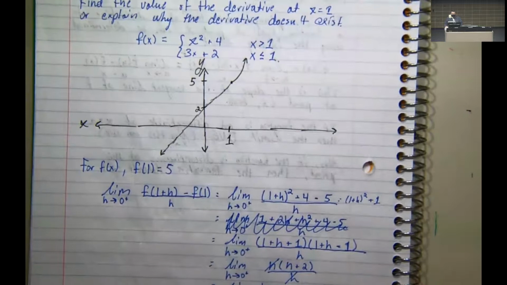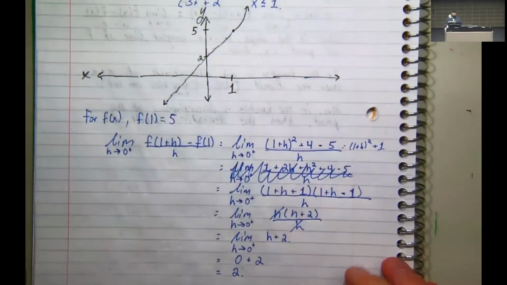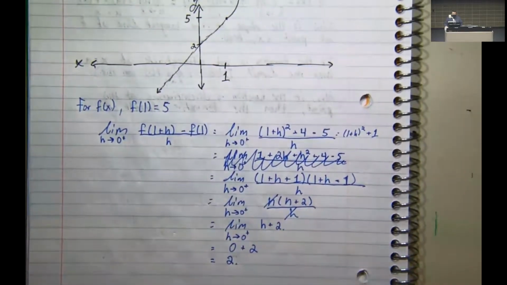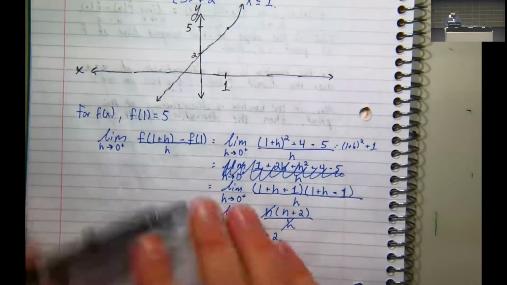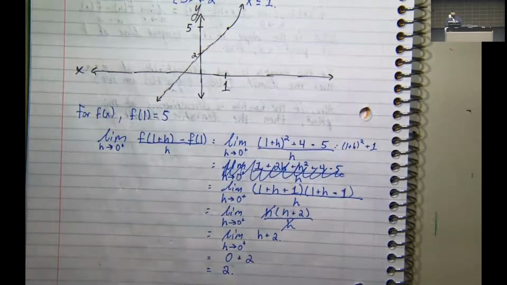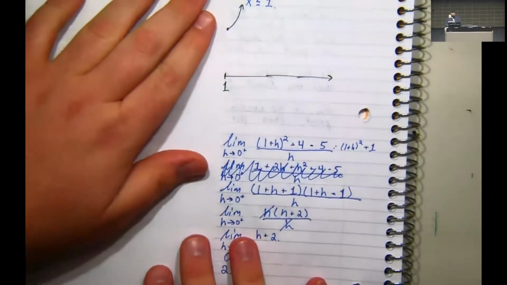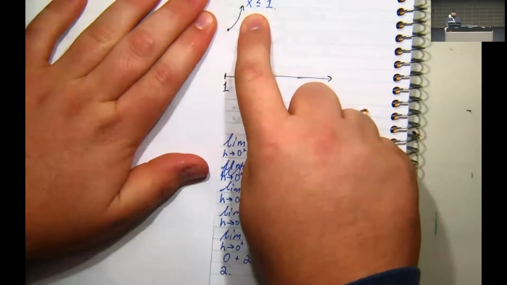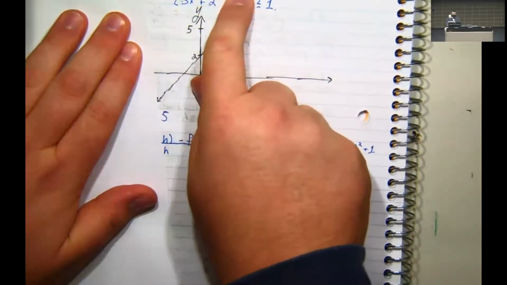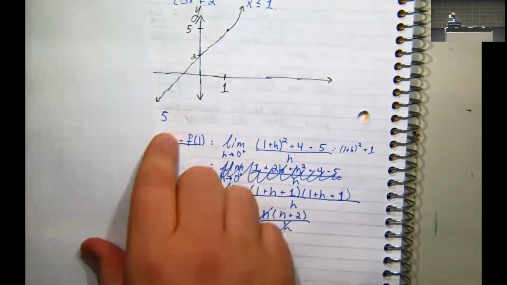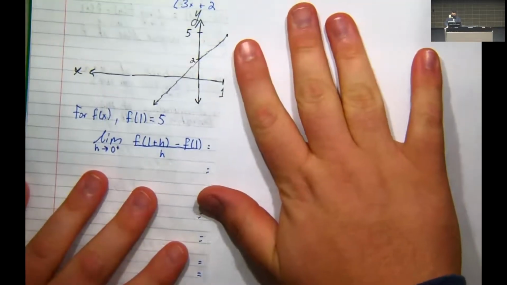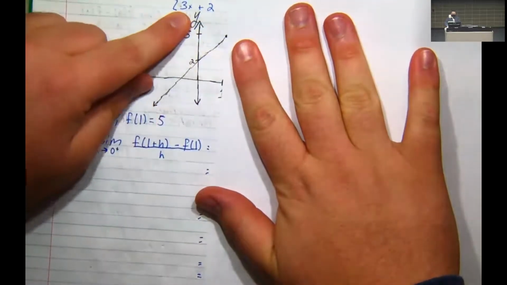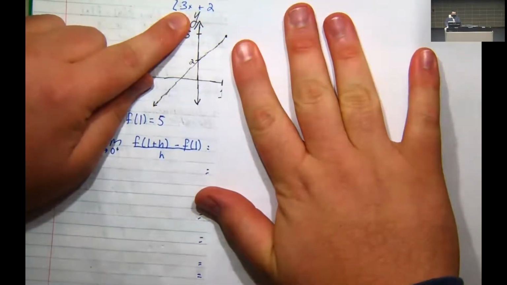If I'm coming in from the right, I'm only considering this equation, so I will use that equation when calculating the limit. When I'm coming in from the left, all I'm considering is this equation, so I use this part of the piecewise function.